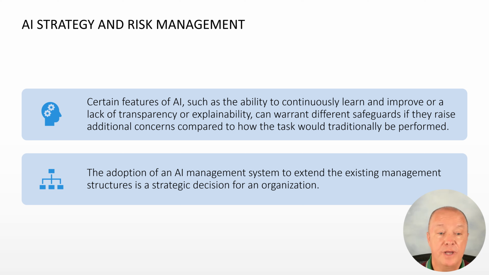The adoption of an AI management system to extend the existing management structures is a strategic decision for the organization. This means that AI management will become integrated into the organization's overall management.